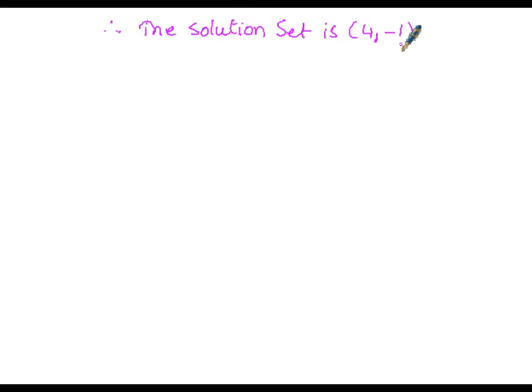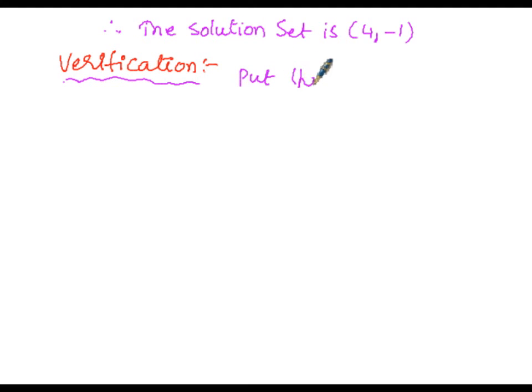Now let us verify. So in the verification part we have to put the ordered pair, 4 comma minus 1, x is 4 and y is minus 1, in equation number 2.